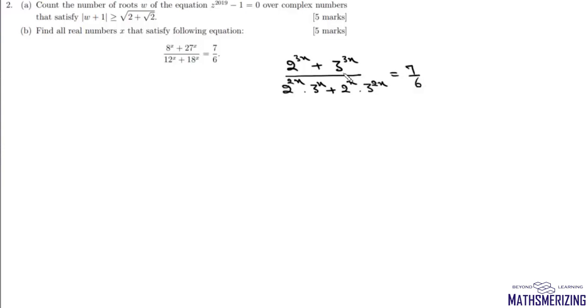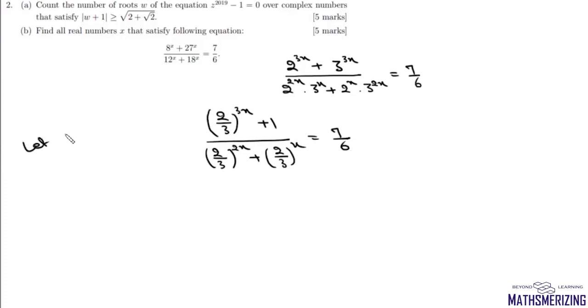We'll divide everything by 3 to the power 3x. So we can write this as 2 upon 3 to the power 3x plus 1, upon 2 upon 3 to the power 2x plus 2 upon 3 to the power x, and this value should be 7 by 6.